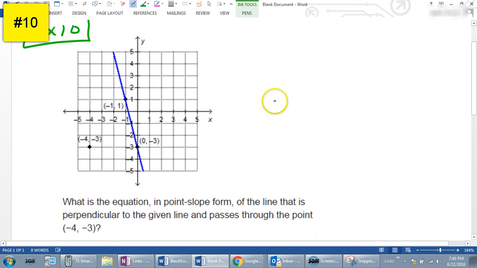Okay, what is the equation in point-slope form of a line that is perpendicular to the given line and passes through this point? So this is exactly like other problems that we've done. So once again, let's set up our little comparison.